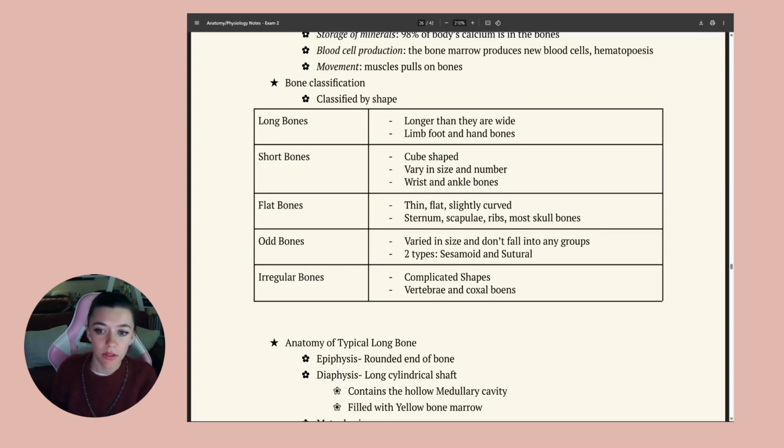Example of this is going to be your sternum, your scapulae, your ribs, and most of your skull bones. Next, odd bones. Varied in size and don't fall into any groups. There are 2 types: sesamoid and sutural. Lastly, we have irregular bones. They are complicated shapes, such as your vertebrae and your coxal bones.